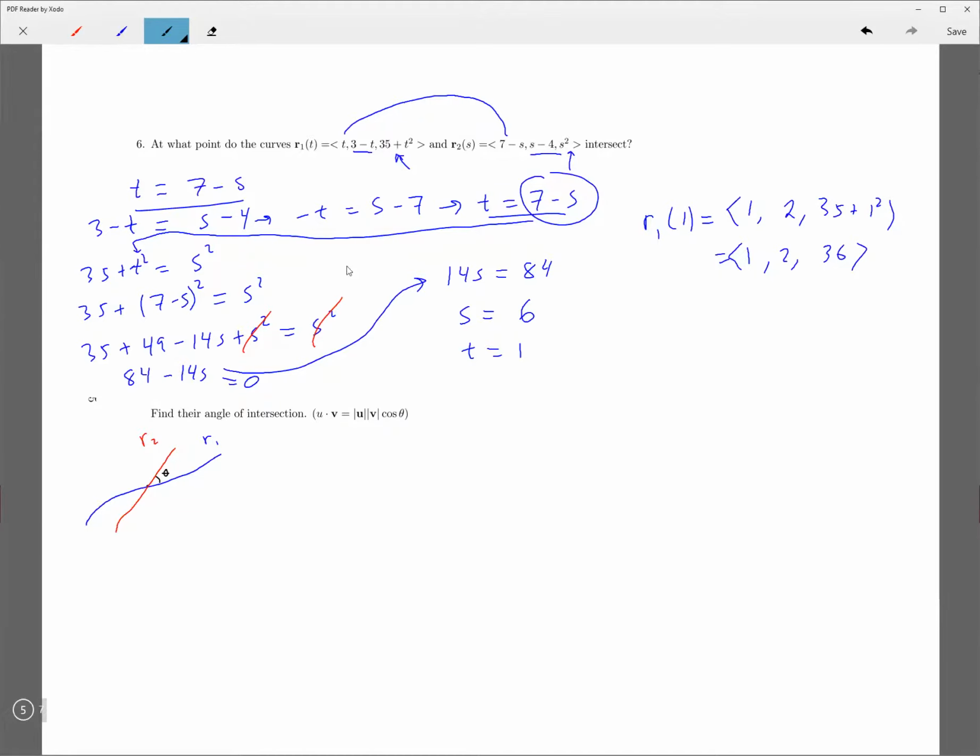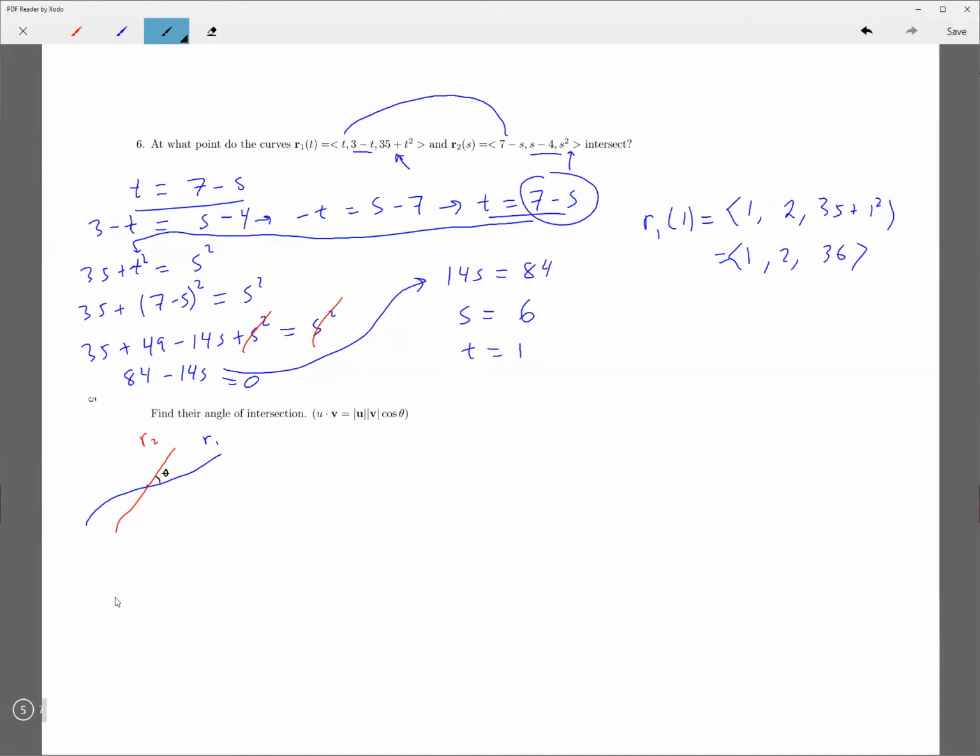Okay, so what do you suppose we should do to find that angle? What are the steps that we need to do? What's the first thing that we should do? Any idea? Do you find the magnitude of it?